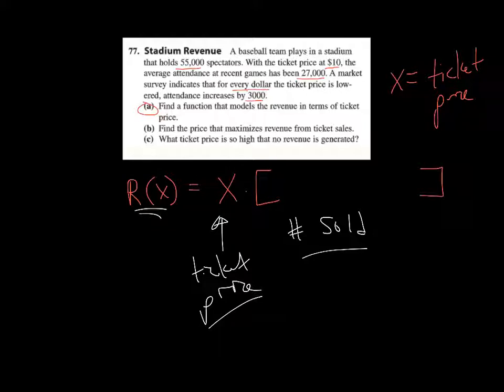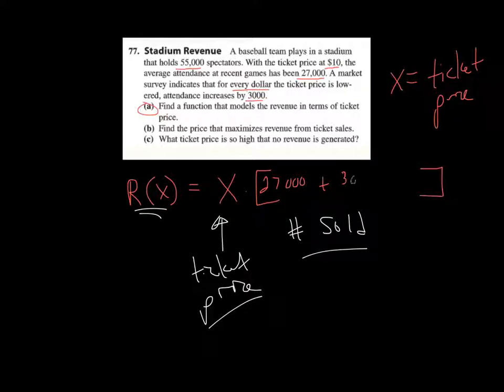So how many are we going to sell? Well, the average attendance is 27,000, right? And we're going to increase that by adding a certain amount additionally sold. I had to go behind the scenes and erase my parentheses there. So what's going to happen?